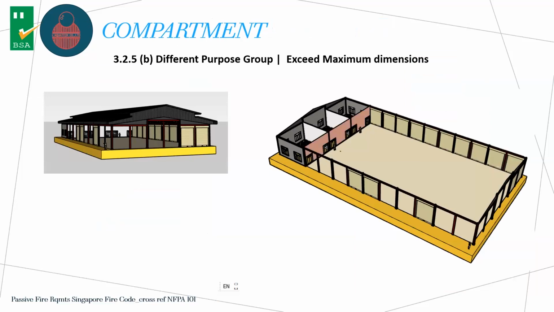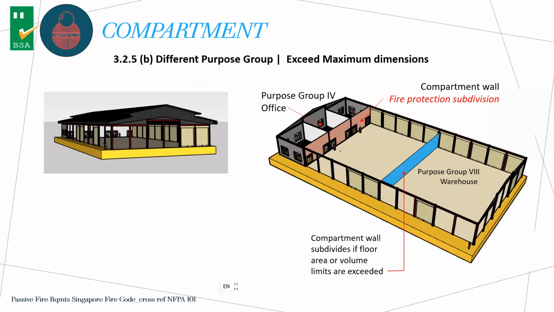For instance, this is dividing the admin office from the production area. So you have a fire protection subdivision. Or within this warehouse, if the volume is too high or the area is too big, then you also need to divide the space to comply with the limits of compartmentation. So this is compartmentation.